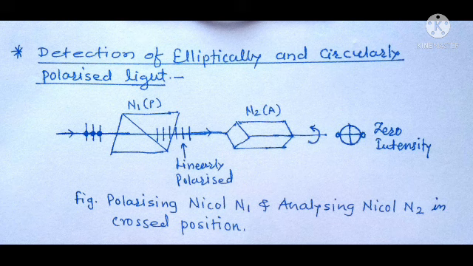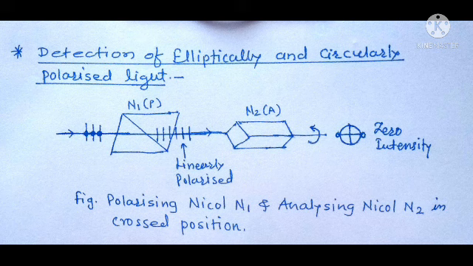When the polarizing and analyzing Nicols are in crossed position, as shown in this figure, then zero intensity is observed.